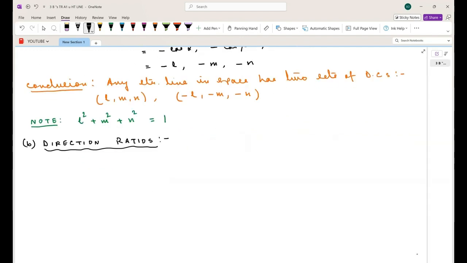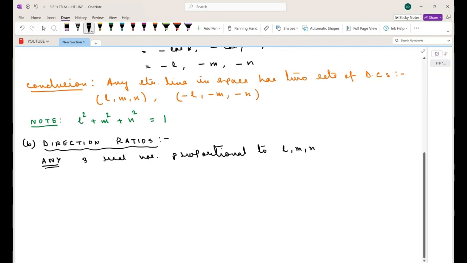Now let's see what is direction ratio. The definition is: any three real numbers proportional to L, M, N are direction ratios of the line.